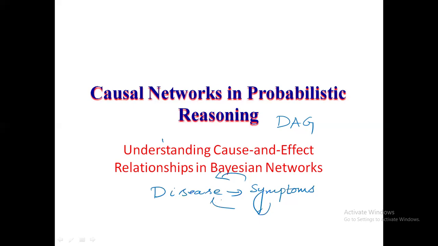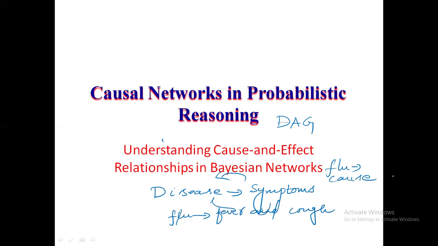A Bayesian network can model how a disease, if you are taking flu, causes certain symptoms, like fever and cough. If a patient reports a fever and cough, the network can infer the probability of the flu being the cause.